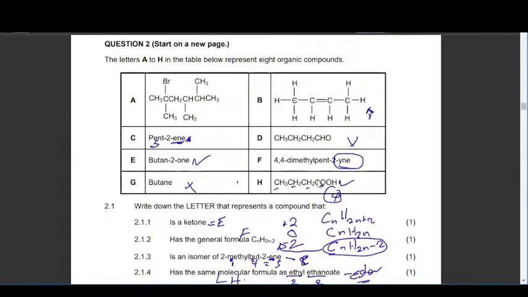The longest chain is 1, 2, 3, 4, 5, 6. Single bond throughout. Yes. So it's 1, 2, 3, 4, 5, 6. So it's going to become hexane.